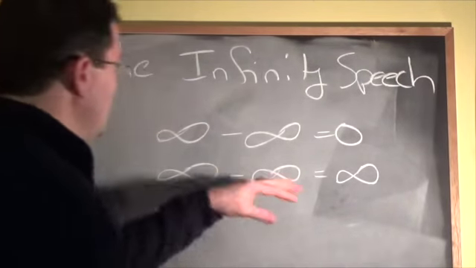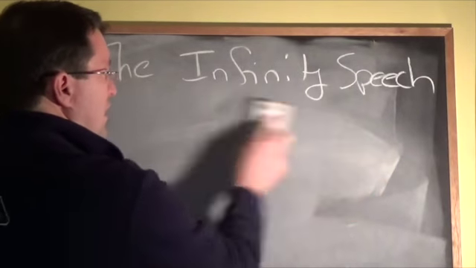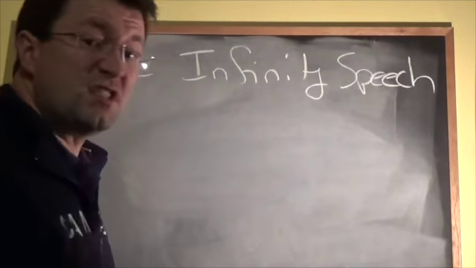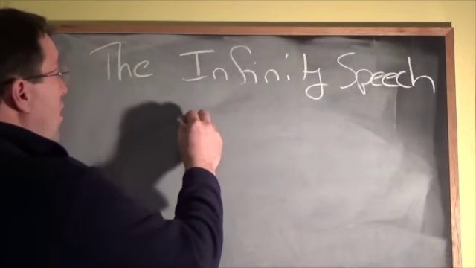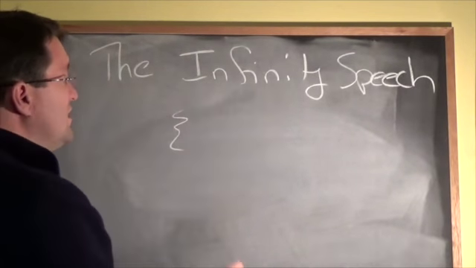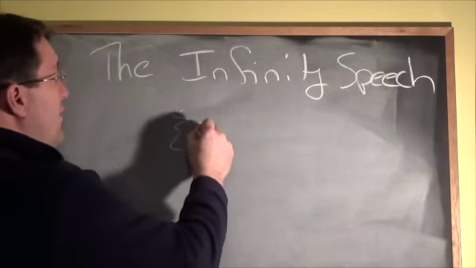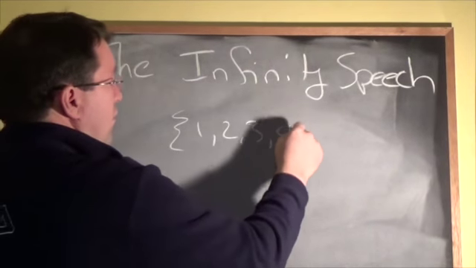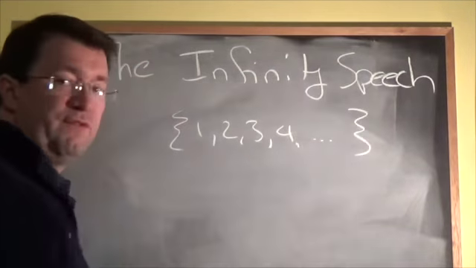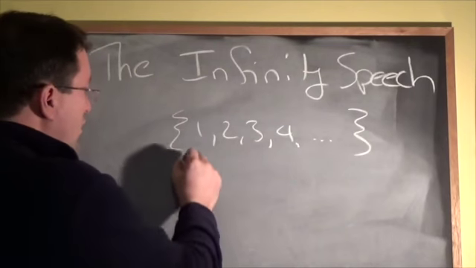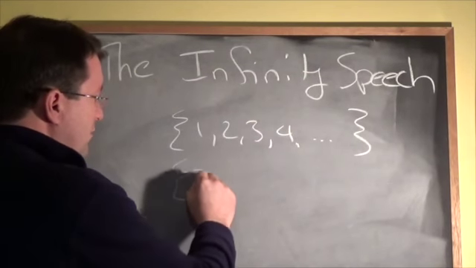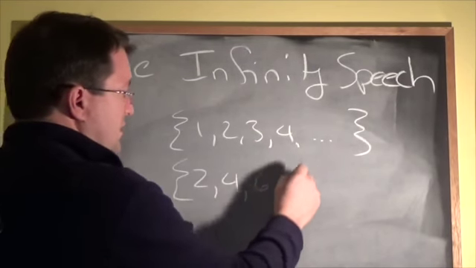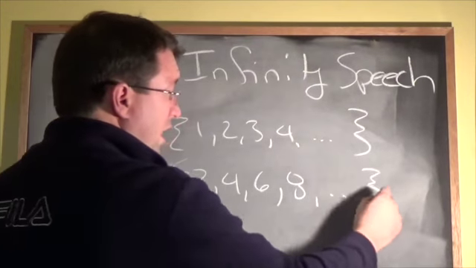Now, to just illustrate that I'm not just making that up here, let's just say, for instance, that we did have all of the infinite. So here's the set of all the books in the library, and they're numbered 1, 2, 3, 4, and so on, out to infinity. If you took all of the even-numbered books, that would be 2, 4, 6, 8, and so on.